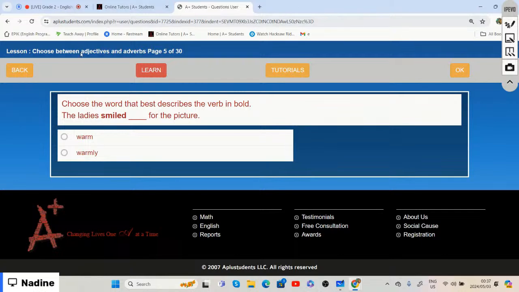All right, so we say that we need to describe the verb, which means that we need to select an adverb. The ladies smiled. Do we say smiled warm for the picture or the ladies smile warmly for the picture?